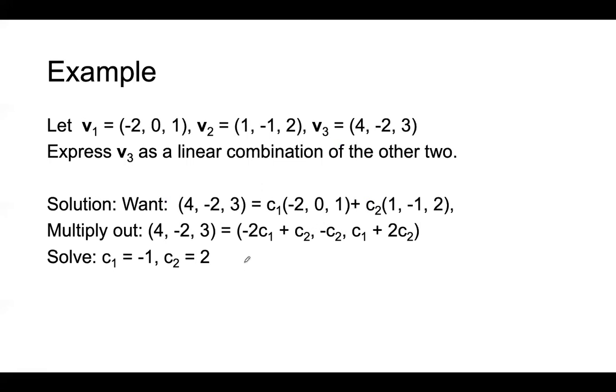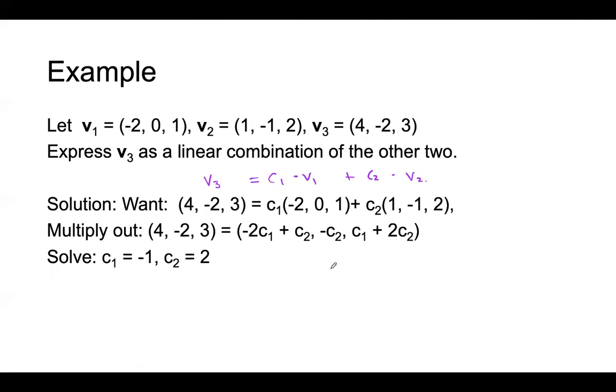Now, let's say we have these vectors, V1, V2, V3. I express V3, so this is our V3, as a linear combination of the first vectors, C1 times V1 plus C2 times V2. Well, what would we normally do? Well, we distribute the C1.